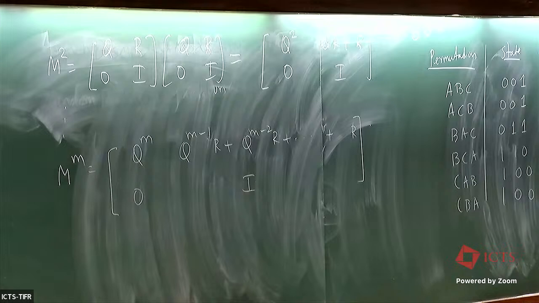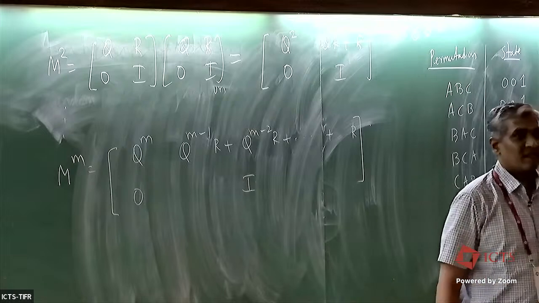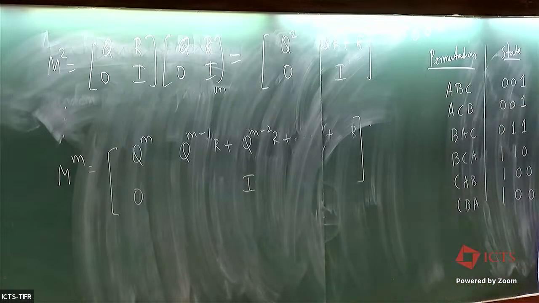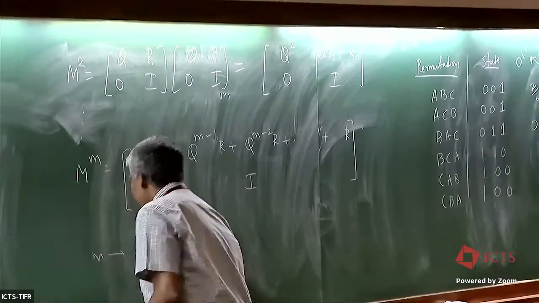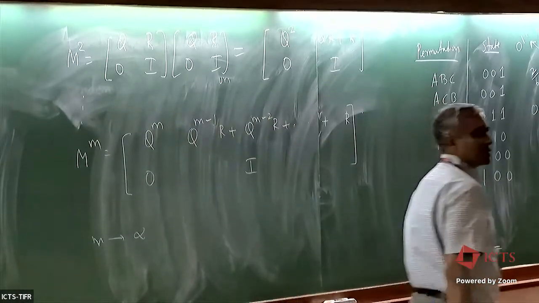So now in the Markov chain, if I travel through the state transition graph a sufficient number of times, which means I have done a sufficient number of updates that I am reaching a steady state, or in the state transition graph I'm actually reaching a fixed point, then I'm looking at what will happen when m tends to infinity, okay?